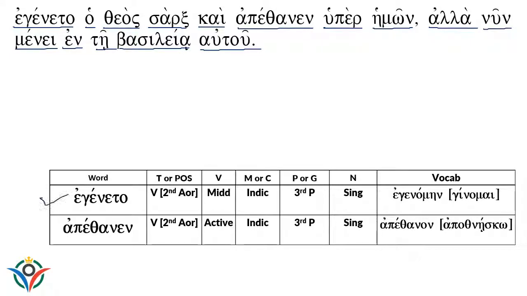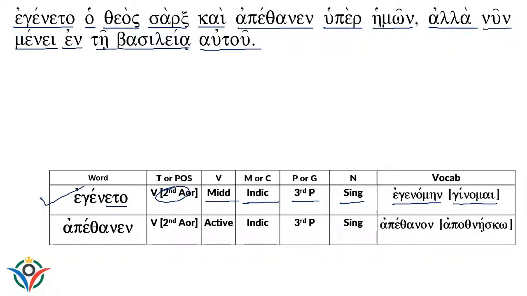We have egeneto, which is a second aorist because it has a stem change. It's a middle voice. You can recognize it there by the personal endings. It's indicative, third person singular, and its lexical source, if you're not too sure, is from ginomai, which is "I become."